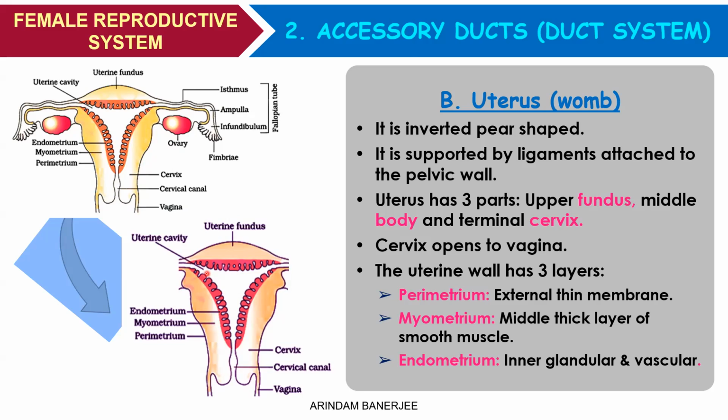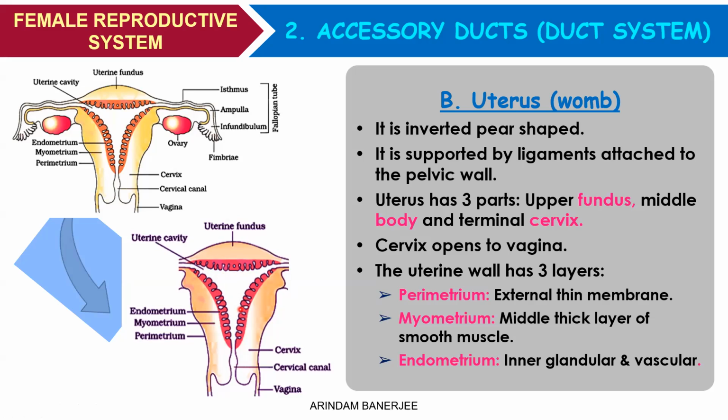And the inner one is the endometrium. What is the function of this endometrial wall? It is full of blood vessels, so we can say this is the vascularized layer. As I told you, the uterus has three walls: the perimetrium, the middle myometrium, and the inside endometrium.